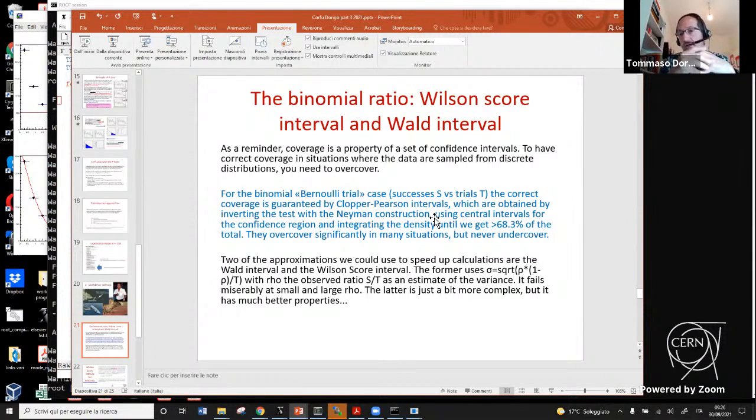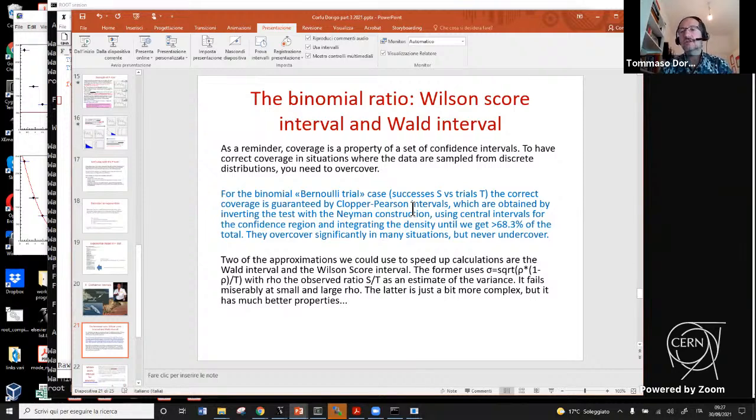So the binomial is one such case when you have a discrete distribution, when you are, for instance, counting how many heads you have in some flips of a coin. So successes versus trials, S versus T. Okay, this is a binomial process, and the correct coverage was derived first by Clopper and Pearson, who inverted the binomial test using Neyman's prescription.